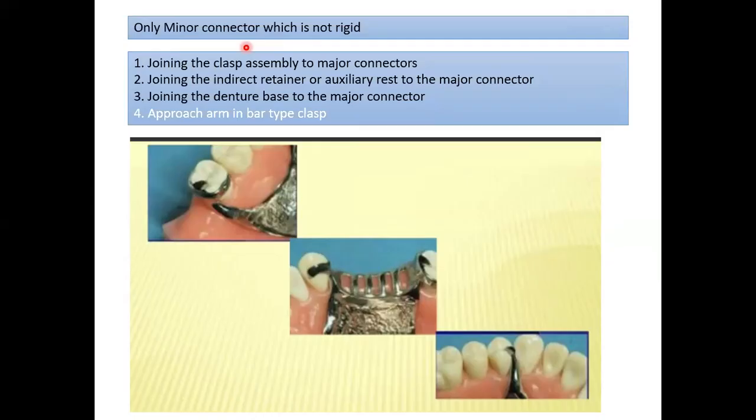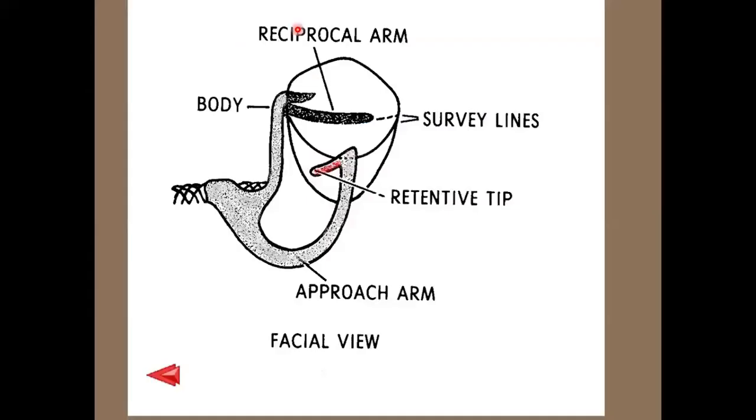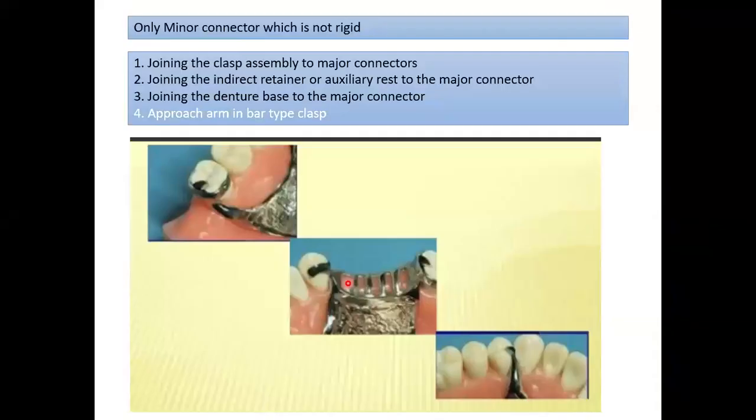So a connector should be hard or strong enough, but there is one place where your minor connector will be a little bit flexible, a little non-rigid, and that is your approach arm in the bar type of clasp. So in your bar type or approaching type of clasp, this approach arm will be a little bit non-rigid. Okay, so the minor connector which is not rigid is your approach arm of the bar clasp.